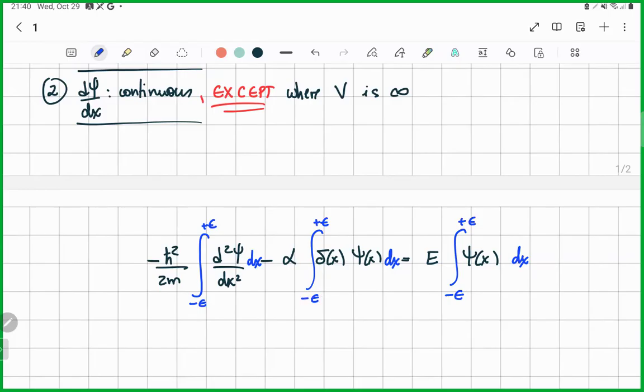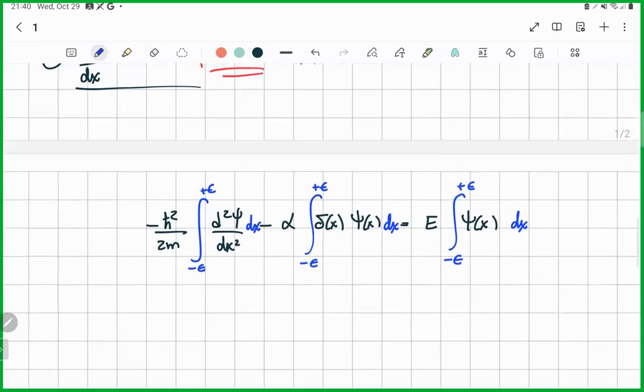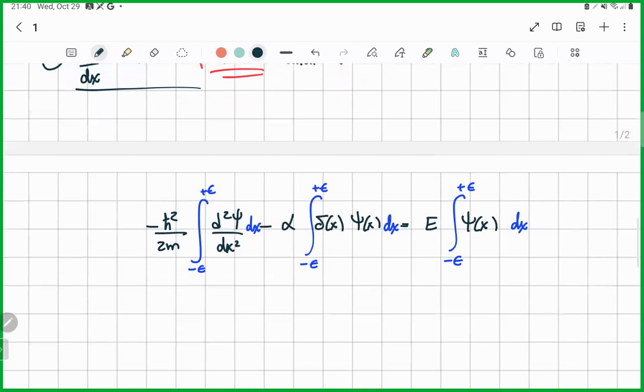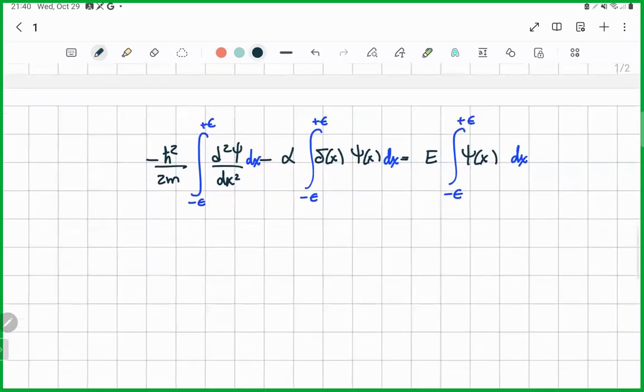Okay, but one negative, one positive. All right, so let's solve these integrals. From the first term, what will survive there? The integral of the second order derivative will be the first order derivative, right at plus epsilon minus what we have at minus epsilon.